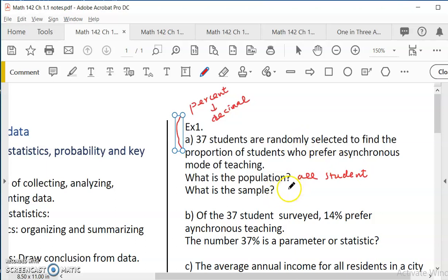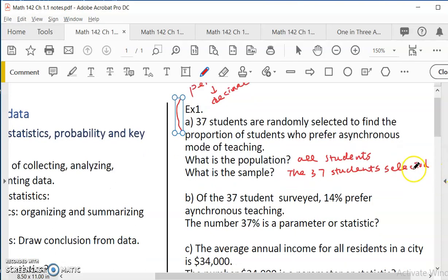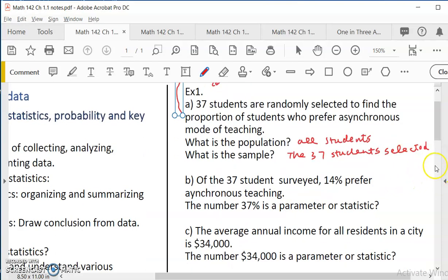The sample is the 37 surveyed. So if you do a survey or you invite someone in the population to participate in a study, that is your sample. Okay.